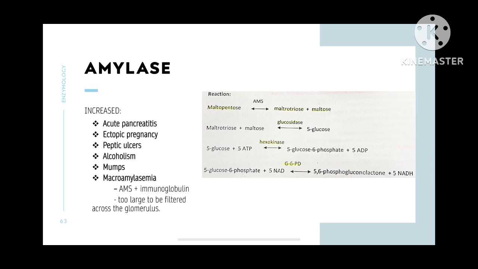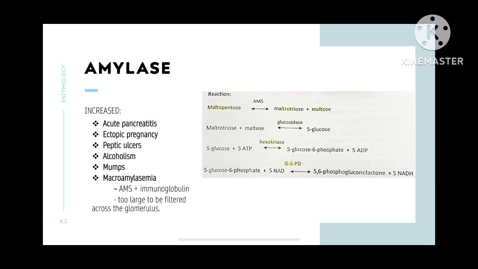In addition, elevations have been reported in renal insufficiency and diabetic ketoacidosis. Serum amylase levels in intra-abdominal conditions other than acute pancreatitis are usually less than 500 Somogyi units per deciliter. An apparently asymptomatic condition of hyperamylasemia has been noted in approximately 1 to 2% of the population.